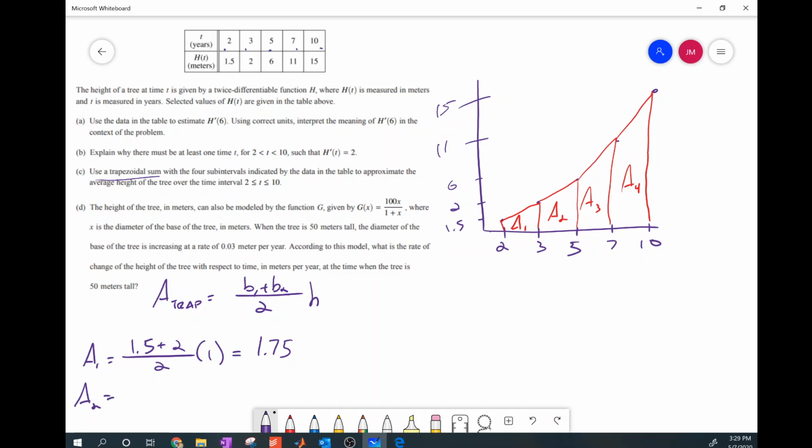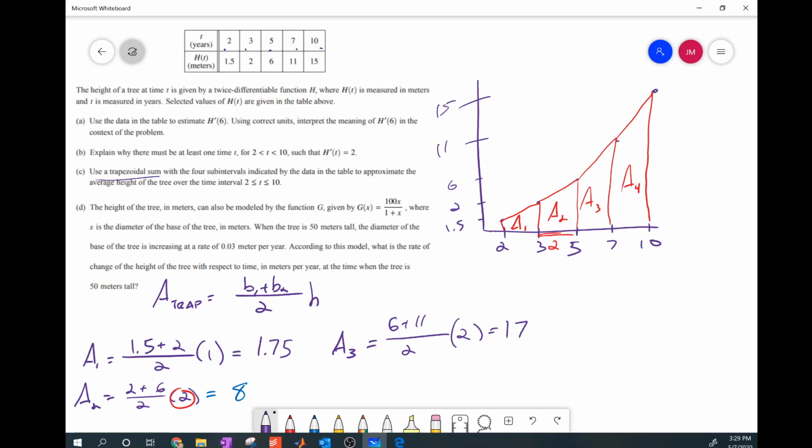Area 2 is just going to be 2 plus 6 over 2 times 2. Well, this 2 is the difference from 3 to 5. That's going to give you 8. Area 3 will be 6 plus 11 divided by 2 times 2, the difference between 5 and 7.